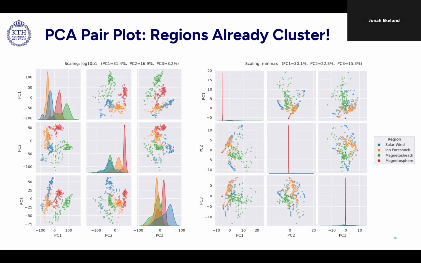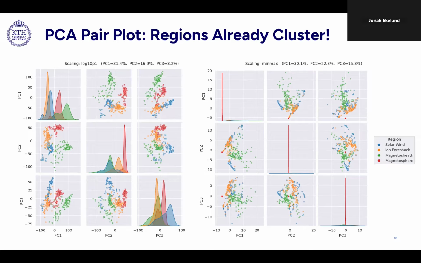I think this is interesting because here you can clearly see that the magnetosphere in the min-max scaling is more or less a single point. So it doesn't contribute much to the variance. It's very singular, while the rest of the regions are more spread out.